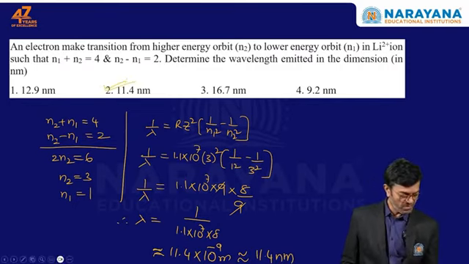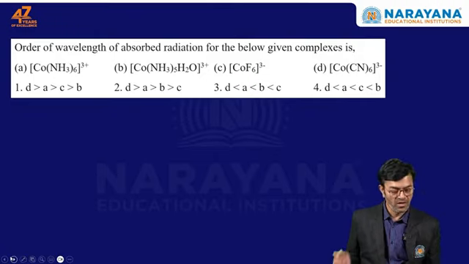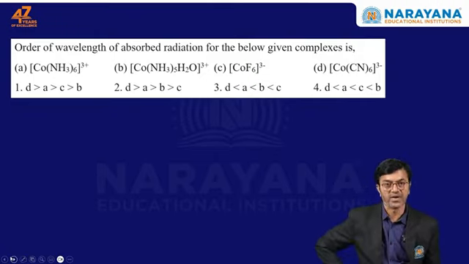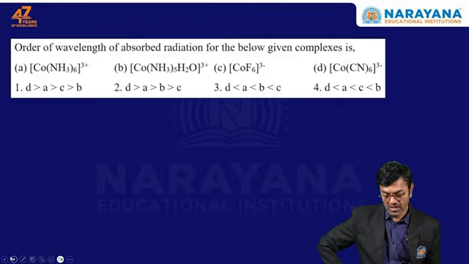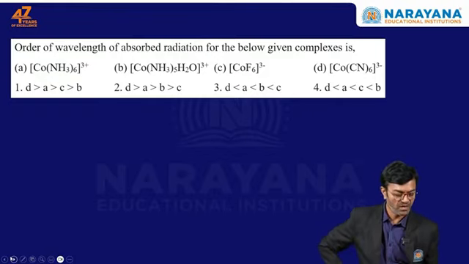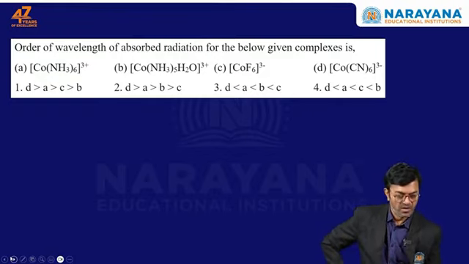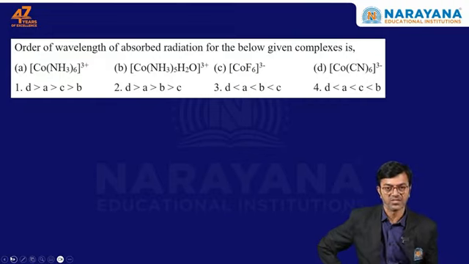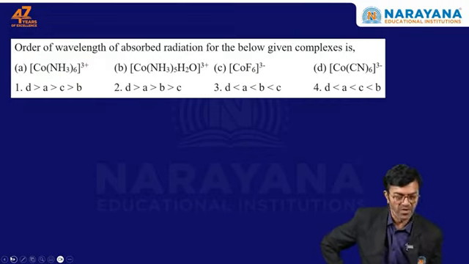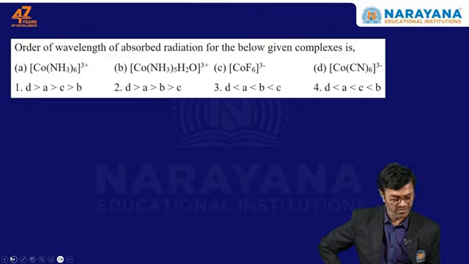Now let us move on to the next question. The order of wavelength of observed radiation for the given complexes is being asked. So it is related to crystal field theory. Based on the splitting energy we can answer this.